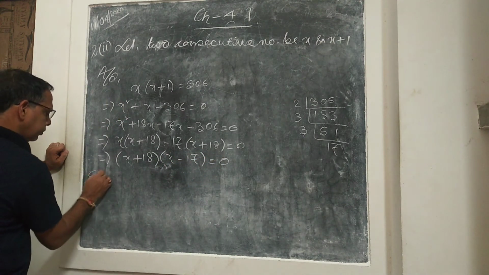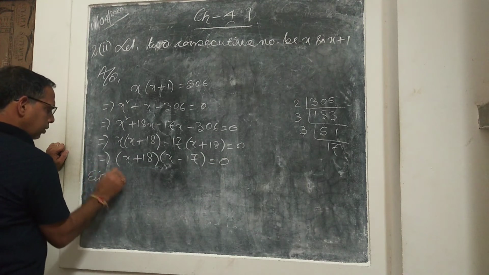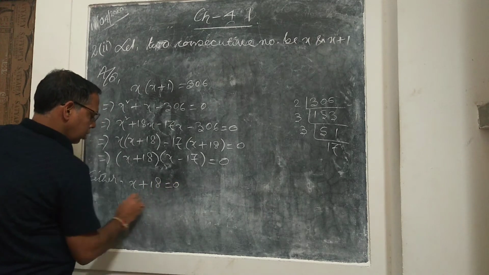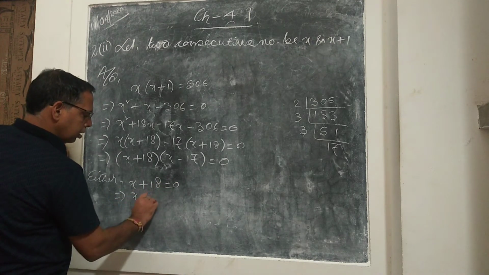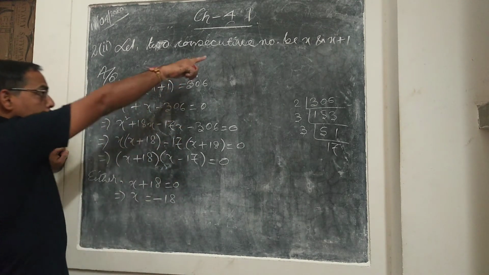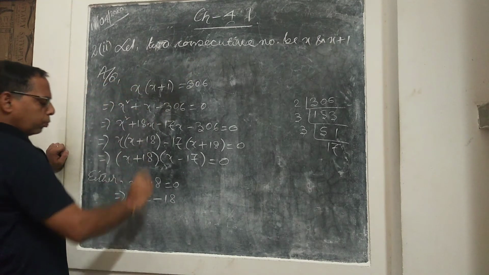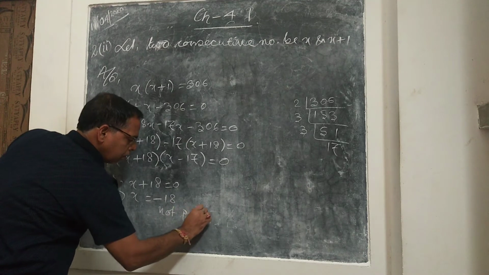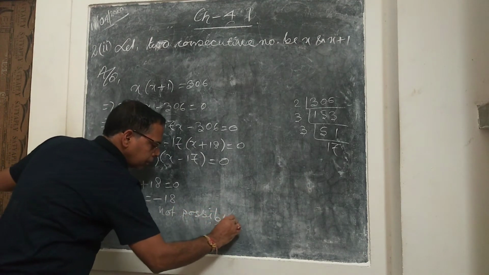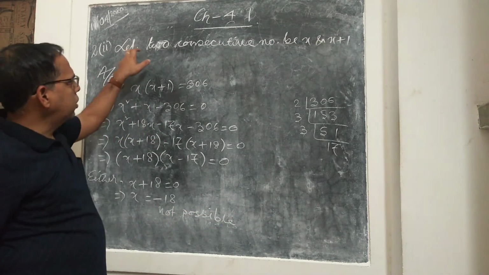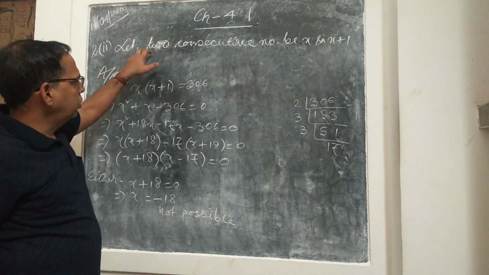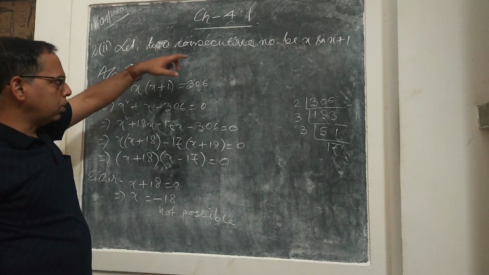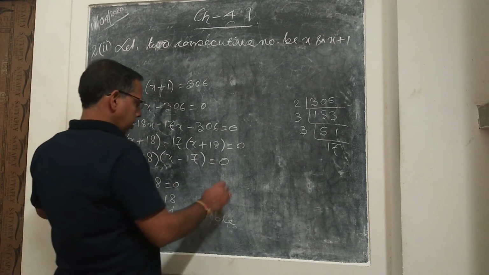Either x plus 18 equal to 0 implies x equal to minus 18. Now positive consecutive numbers, so not possible. You can write also, let two positive consecutive numbers, that one also you can write.